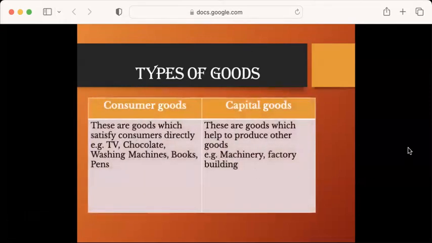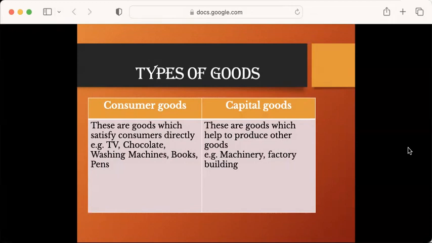Economic goods can be divided into two types, called consumer and capital goods. Some of these economic goods, like TVs, chocolates, washing machines, books, and all sorts of things, are used by you and me to satisfy our own needs.